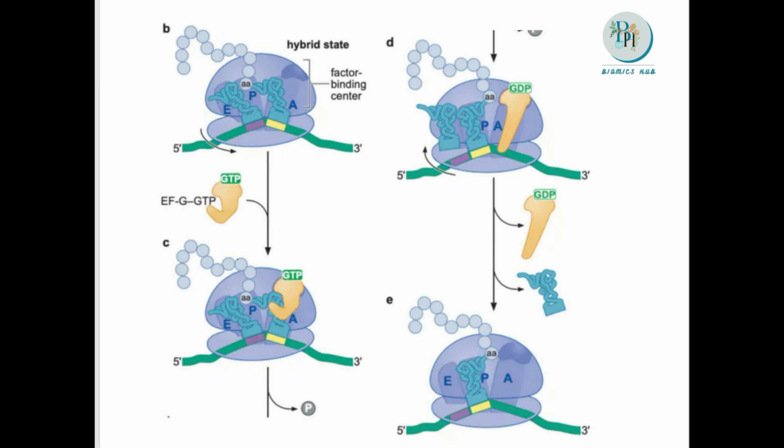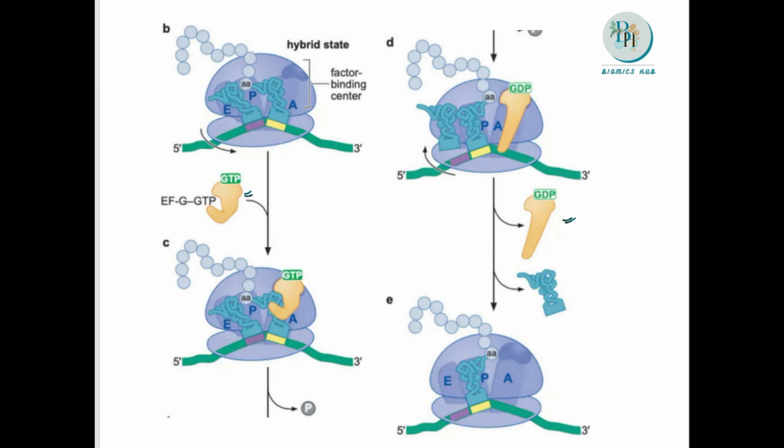EF-G also requires GTP. This EF-G binds in the A site and moves the tRNA from the A site to the P site, and the tRNA which is present in the P site will go into the E site. After the translocation, it is released in the form of GDP.